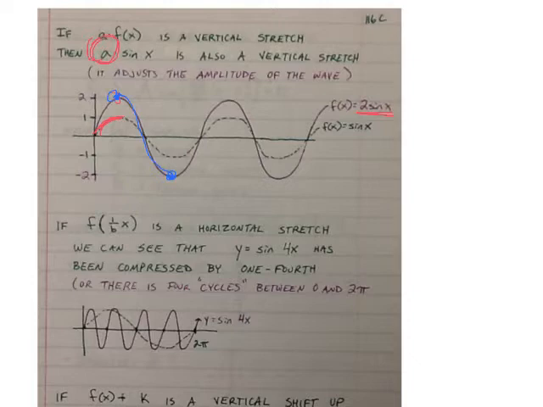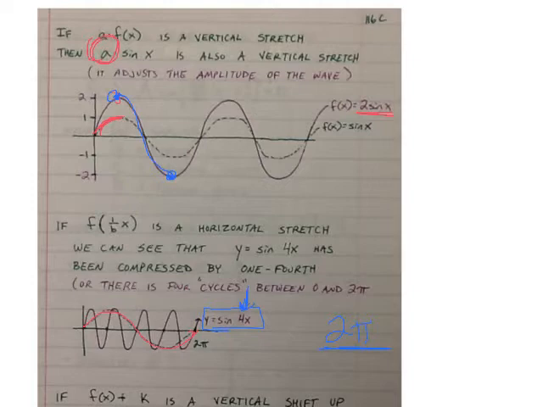Next we have a horizontal stretch, and if we say sine of 4x, the easiest way to understand that is, since our period is usually 2 pi, we're fitting 4 curves into that distance of 2 pi. So where we did go up and then down and then back to the original spot, we're going to fit 4 of them now into that distance.